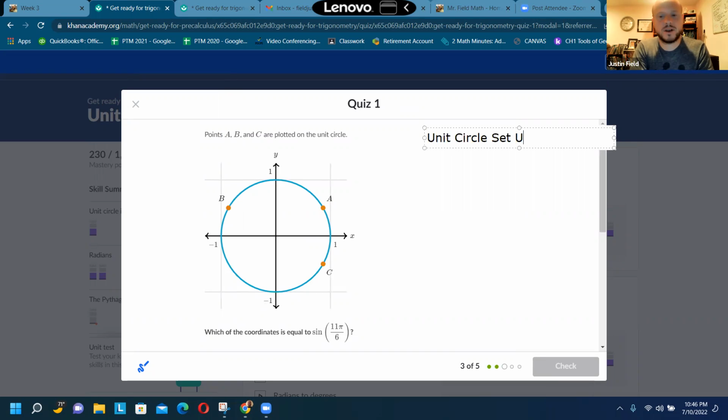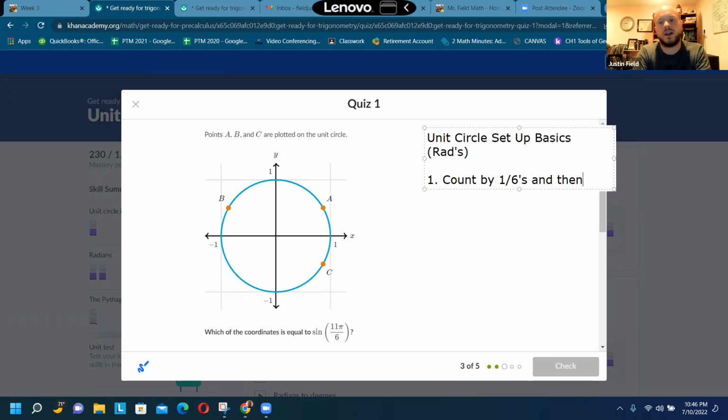Set up the basics. Do radians. We could do degrees, but the first thing you do is you count by 1/6 and then by 1/4. Then you have all your pi values all around the circle. Then label coordinates using values.